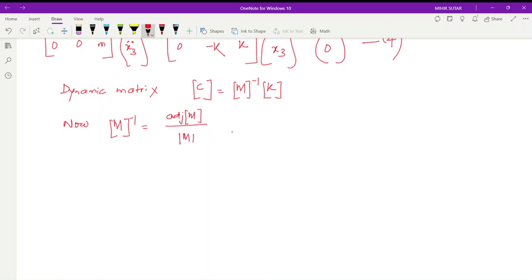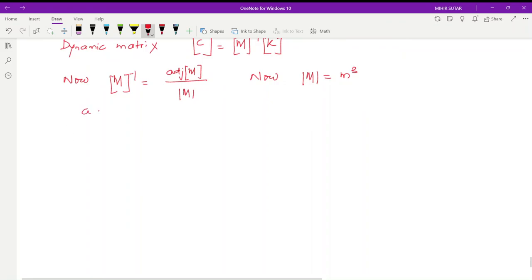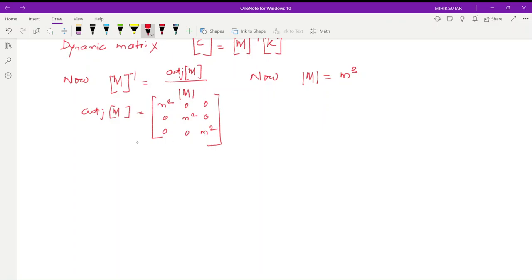The determinant of this mass matrix M is equal to m cubed, obviously, and the adjoint of M will be m square on the diagonal, zeros elsewhere.